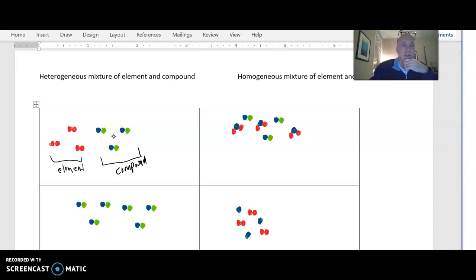They're in their separate locations, so this would be a heterogeneous mixture of element and compound. In this one right here, both of these things are going to be compounds. But notice that they're completely mixed. So this is going to be a homogeneous mixture of compounds.